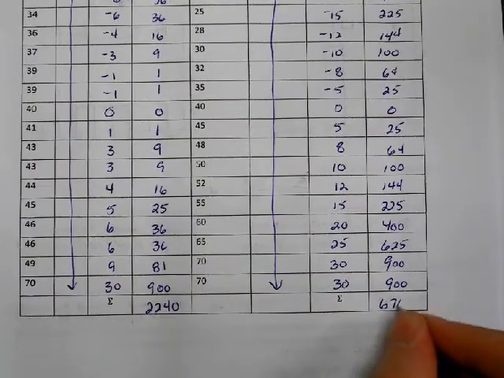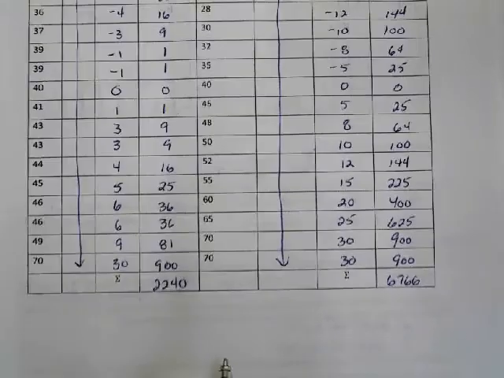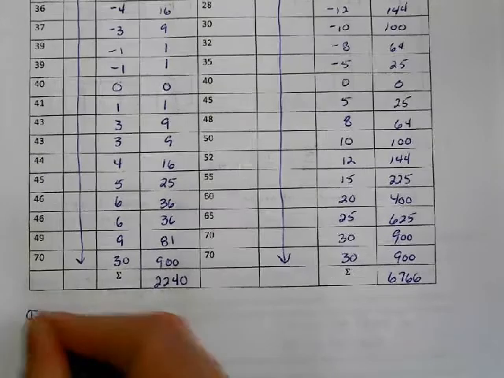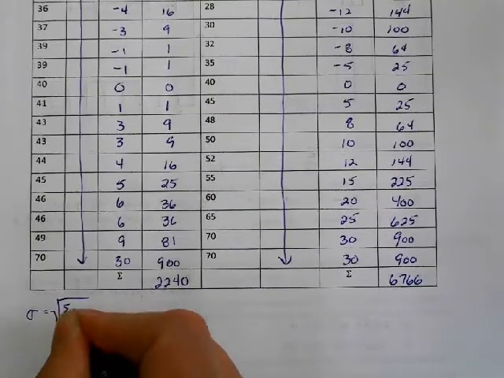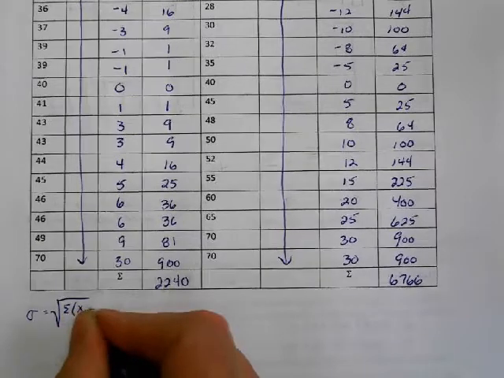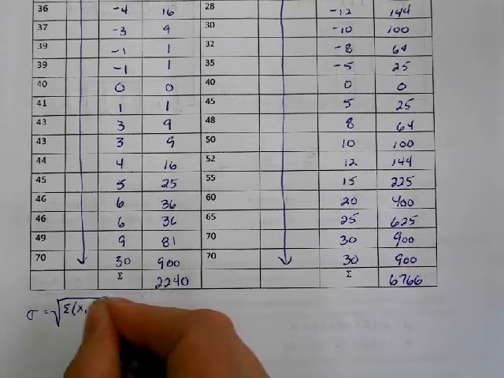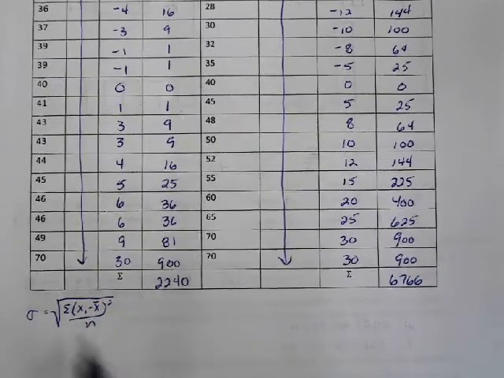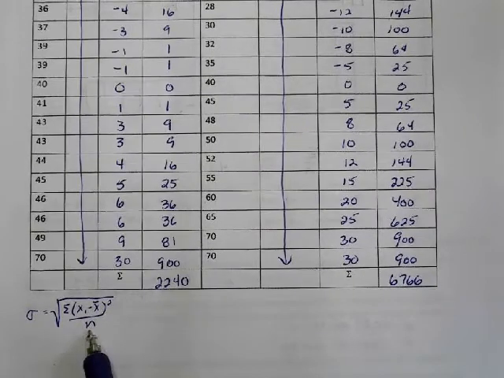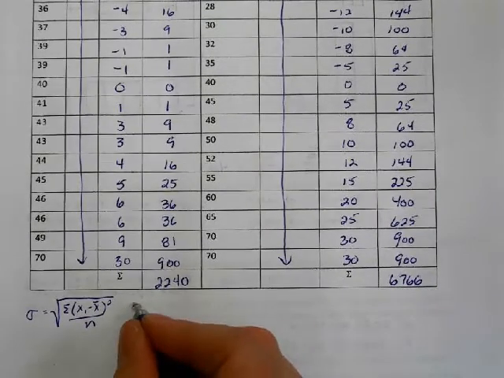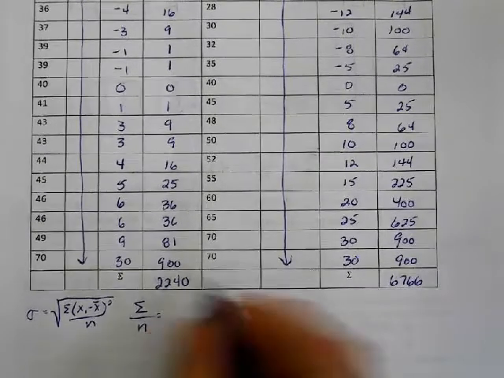Okay, now according to our formula, which is the square root of the sum of x1 minus x bar squared over n. So far, we've done the numerator. We found the sum of all these squares. Now we're going to divide it by the number of numbers. So I'm going to take the sum and divide by the number of numbers. So I've got 2240, and there were 19 numbers here.